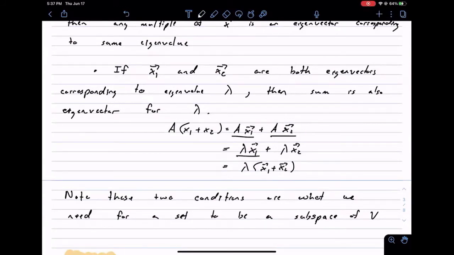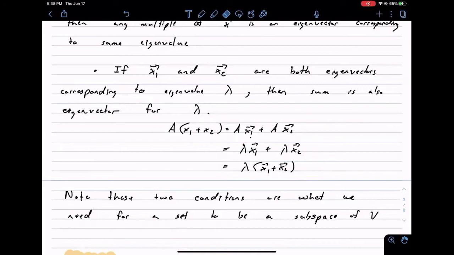A times x2 is just lambda times x2. So what I end up with is lambda x1 plus lambda x2, factor out the lambda, and I have lambda times x1 plus x2. In other words, this set of eigenvectors that correspond to lambda, it's closed under vector addition.